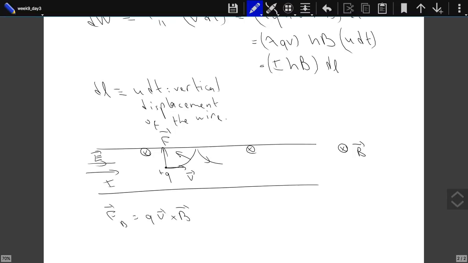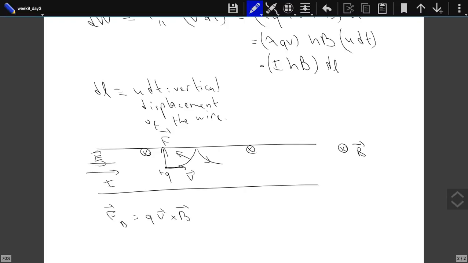So what is the work that the magnetic field does on this charge? Zero. The magnetic field doesn't do any work. It is the electric field over here that is doing the work on the charge, that is accelerating this charge, that is causing it to have a velocity. Once it gains velocity, the magnetic field just rotates it so that it hits the surface of the wire.